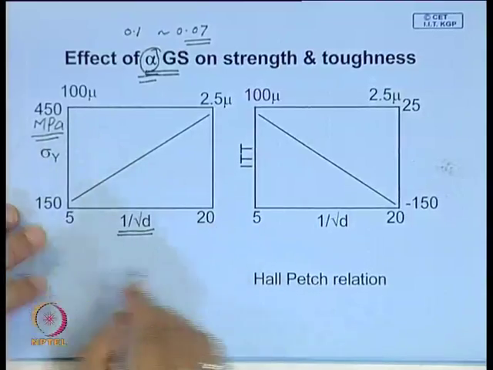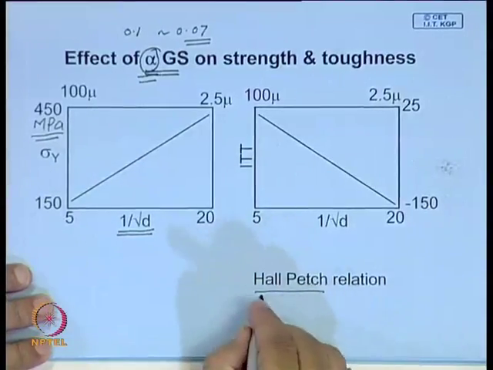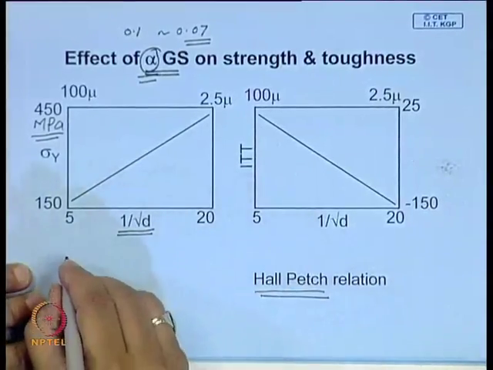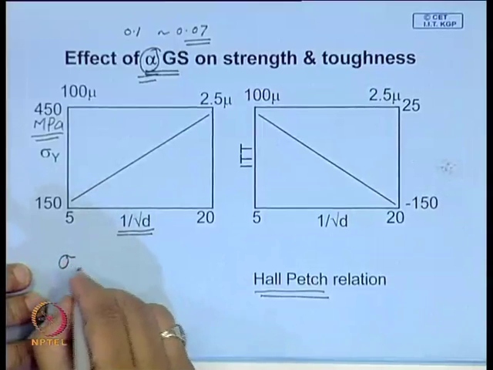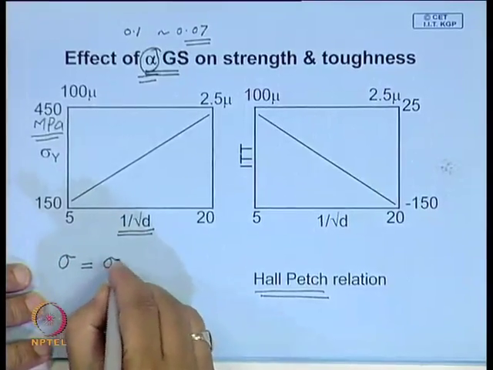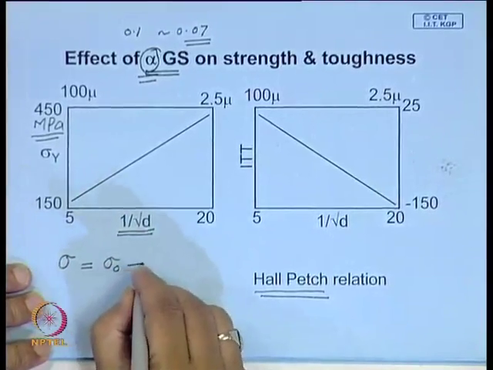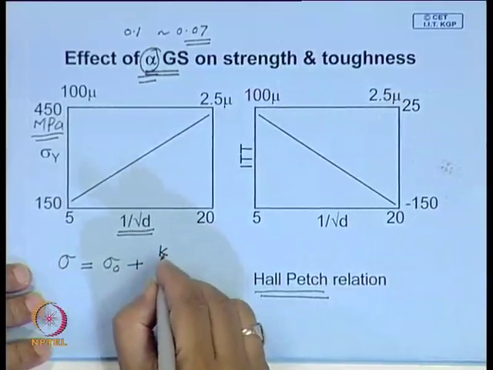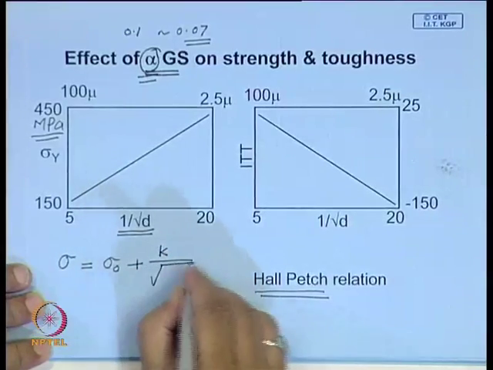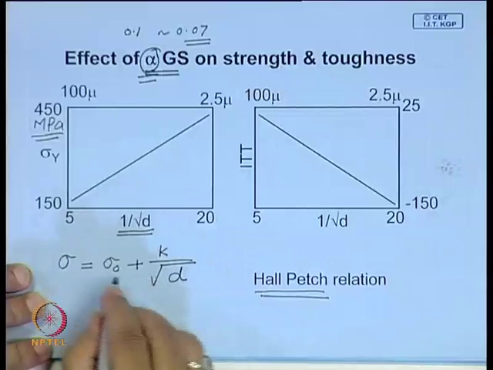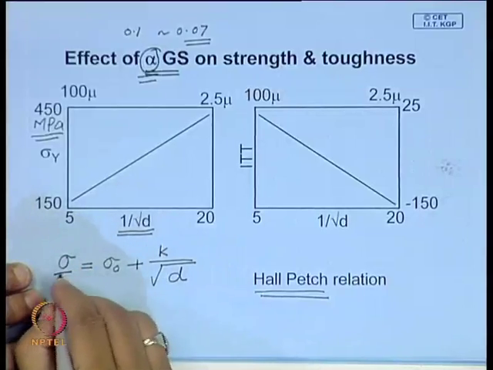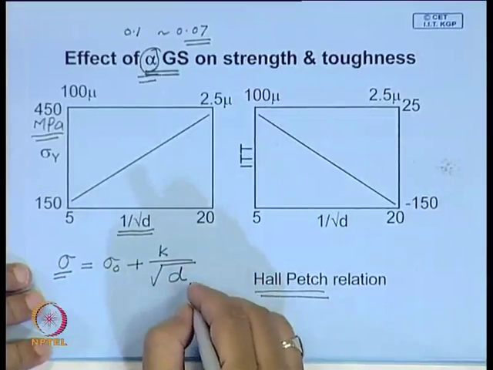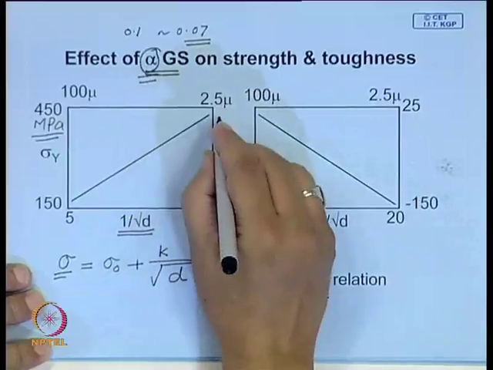We did talk about the Hall-Petch equation, where the yield strength is given as the lattice friction stress plus K over root of the grain diameter. So clearly, if you plot this against 1 over root d, you expect a straight line.